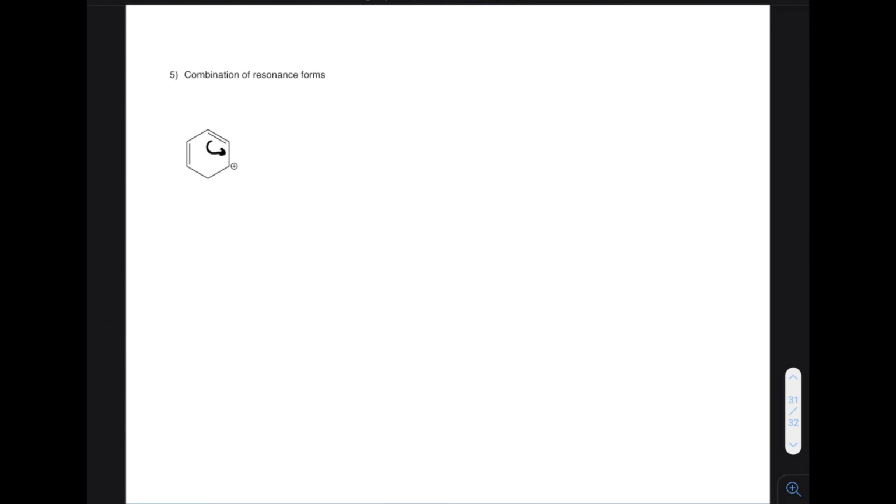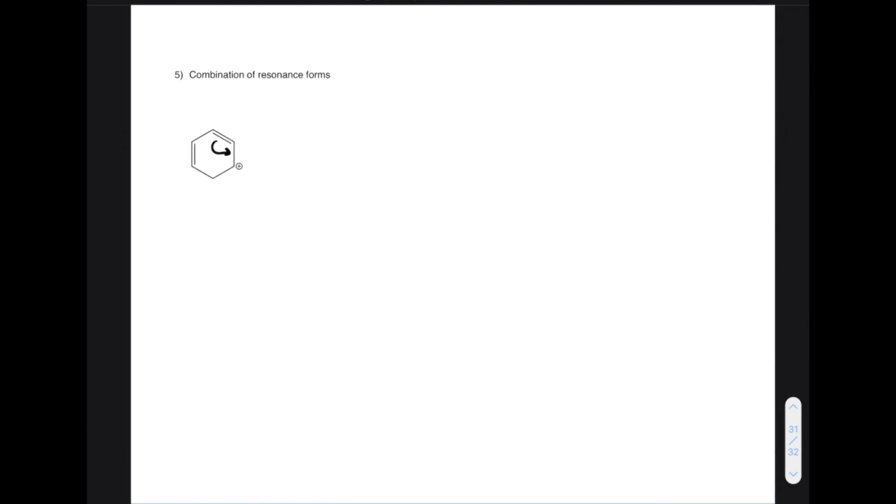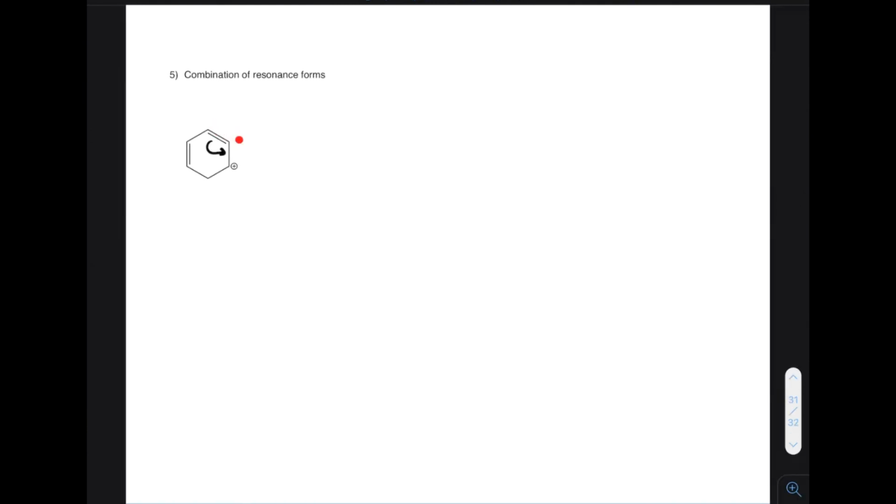So it is better to have it drawn this way, right, showing the pi bond going from this double bond into the space between this carbon and this carbon that has an empty p orbital. So that looks like this. Boom.